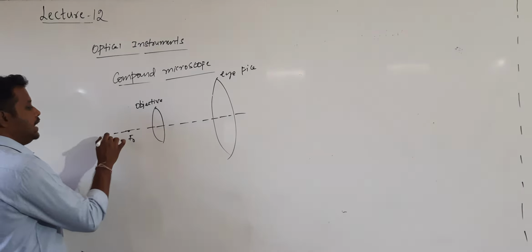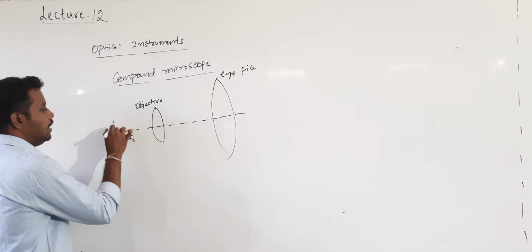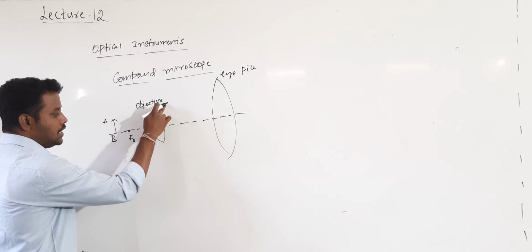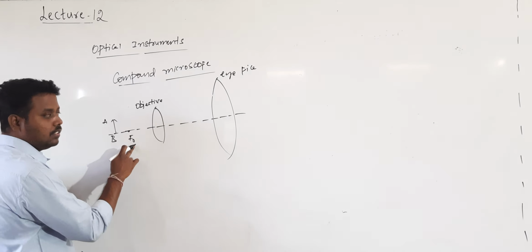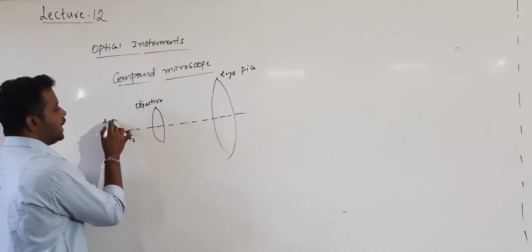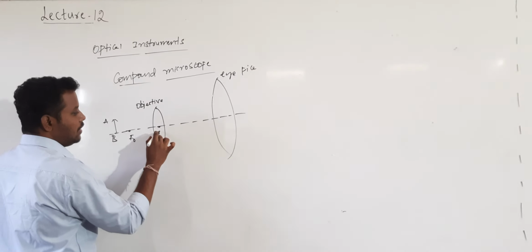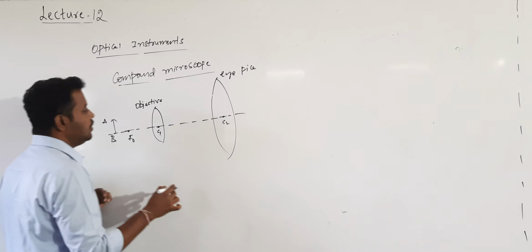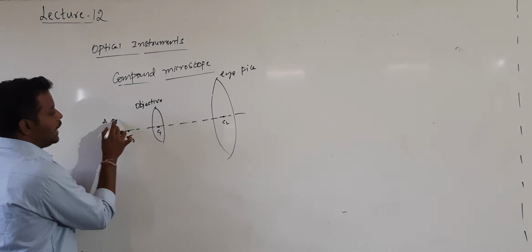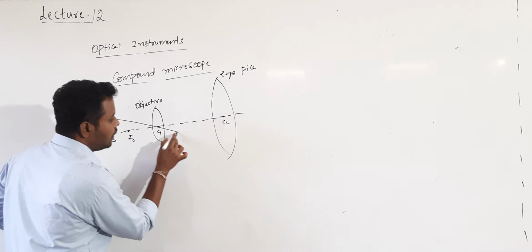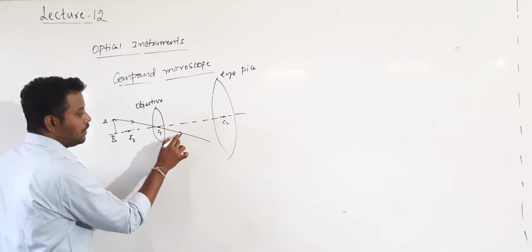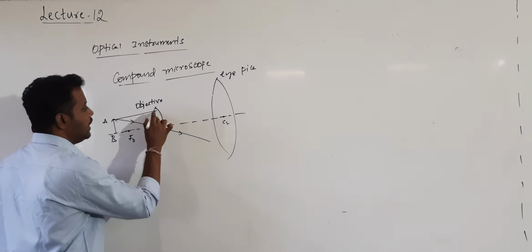Now we will consider one tiny object. That tiny object AB is placed beyond the principal focus of the objective lens. Let me consider the light rays. This is the optic center of the first lens, call it C1, and this is the optic center C2. Any light ray passing through the optic center comes out without any deviation. This is the first light ray, and another light ray is incident here.